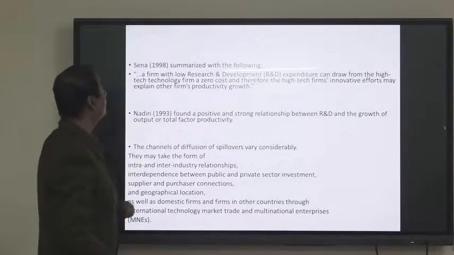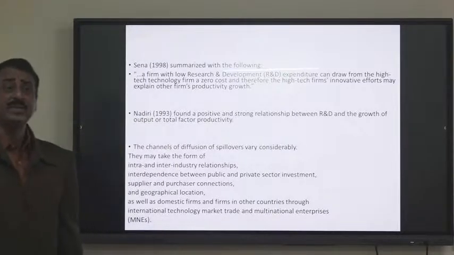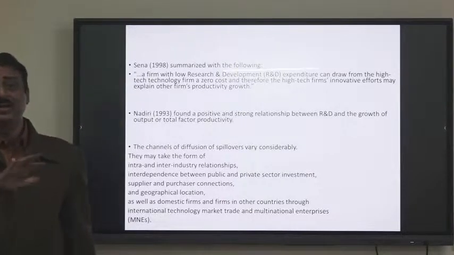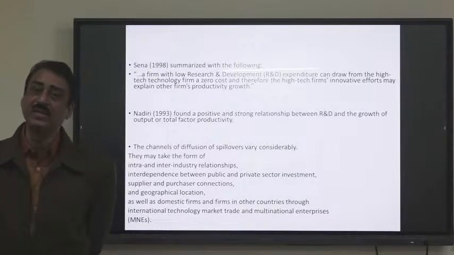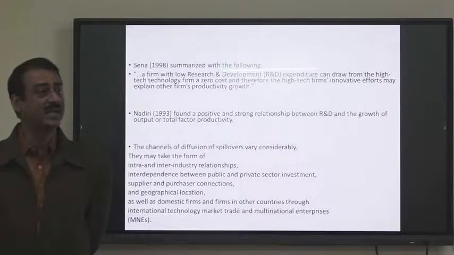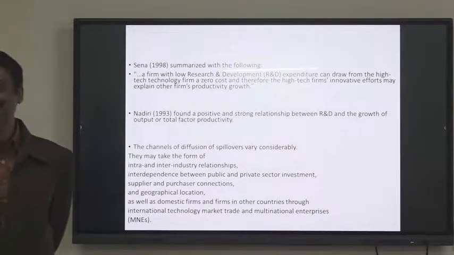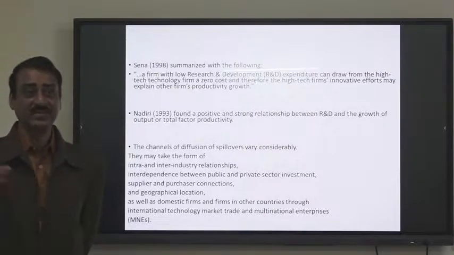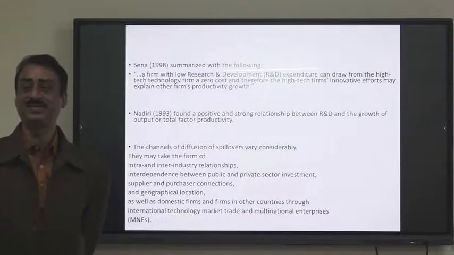Here, in these studies, they again emphasized research and development. That means each company must have a research and development wing where innovative activities would be possible. There is a very interesting study by the Centre for Development Studies from Trivandrum. One of the faculty members had conducted a study on how authentic the research and development expenditure is. And he showed that much of the figures of the companies shown under research and development is all fabricated.